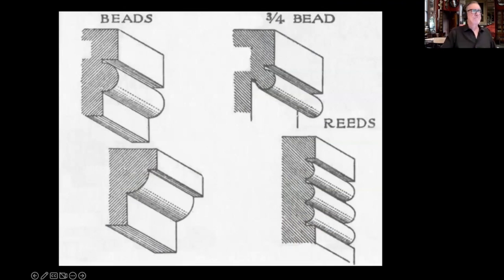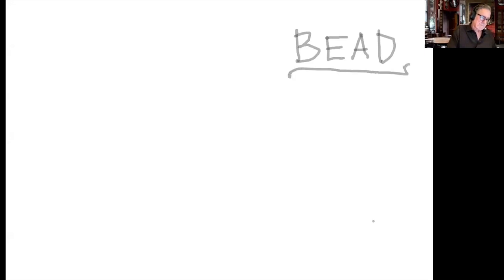Next, we have the bead. The bead. So let's draw the bead together. And a bead is very similar to a torus, typically just smaller.